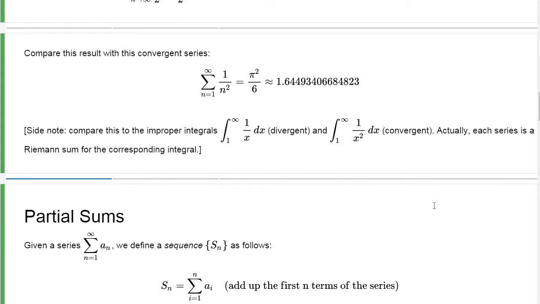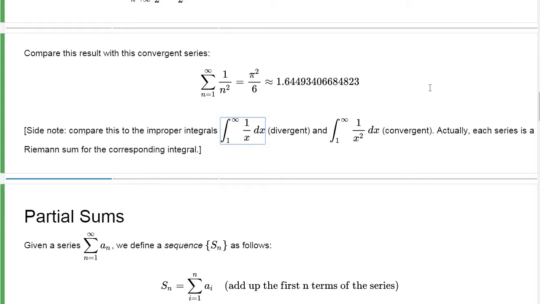Now it's kind of curious. If you look at 1 over n squared, it doesn't diverge, it actually converges, and it's known what it converges to. It converges to pi squared divided by 6, strangely enough. So that might be a little weird that the sum of 1 over n just goes off to infinity, but 1 over n squared converges to pi squared over 6. Though it might not be that surprising if you remember the improper integrals.